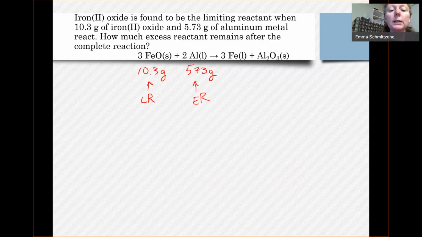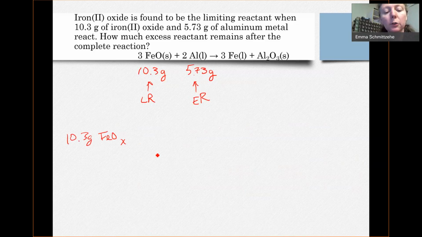So what I need to figure out is how much of that 5.73 is left over. And how I determine that is by first calculating how much of that 5.73 reacts. And that depends on the limiting reactant. So I would take the limiting reactant, the 10.3 grams of FeO, and from that I would calculate how much aluminum is needed.